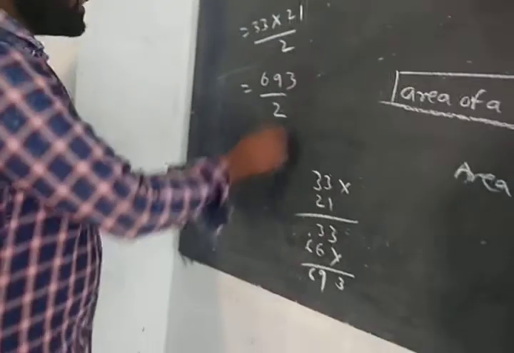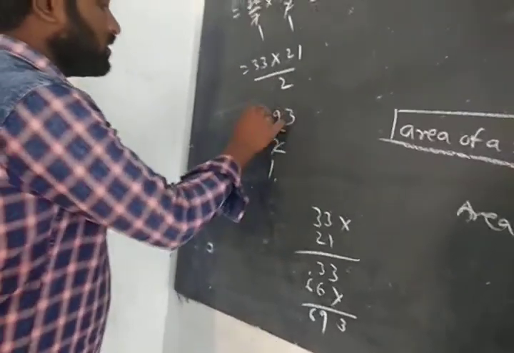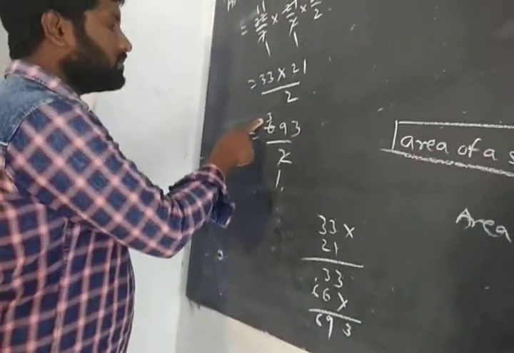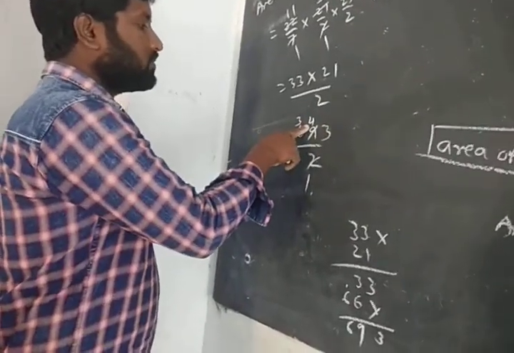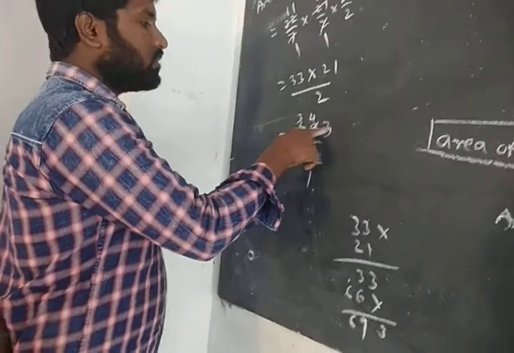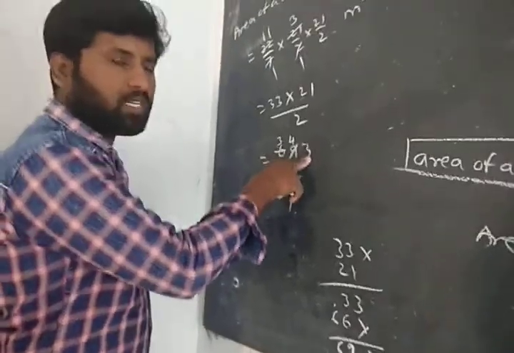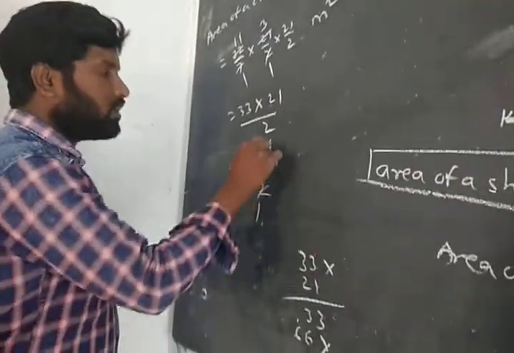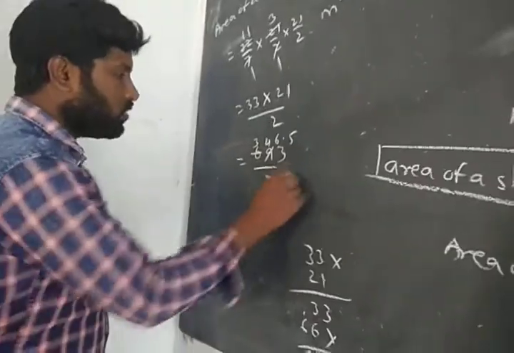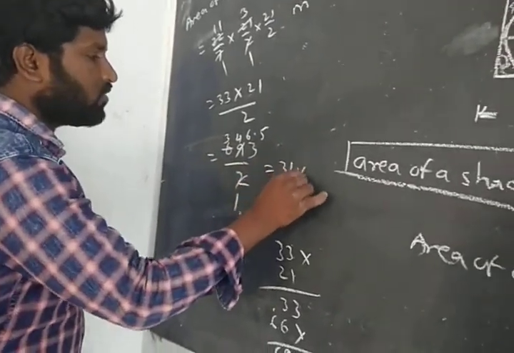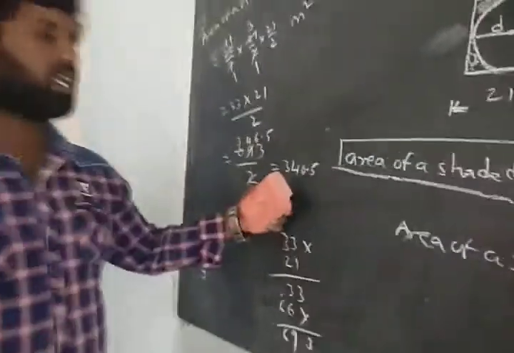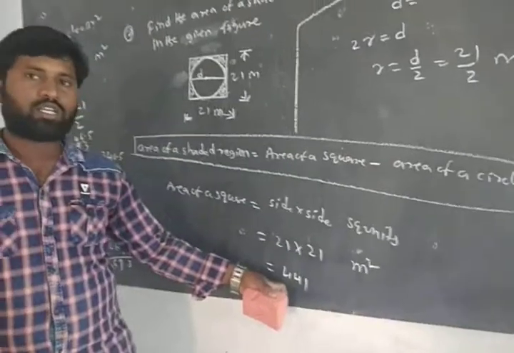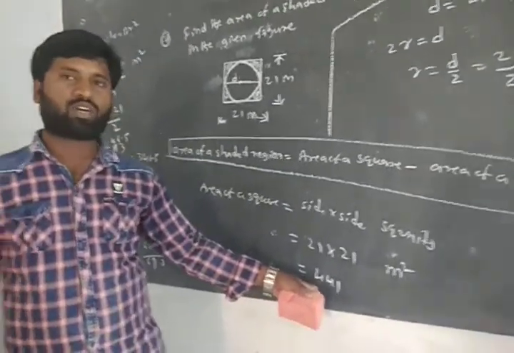By cancelling, 2 ones are 2, 2 threes are 6, 2 fours are 8. Here 1 is there, beside number is 3, means 13. 2 sixes are 12. Then .5, so we get 346.5. That is the area of the circle. But we have the area of the square, that is 441.